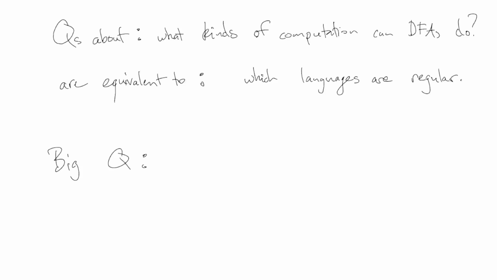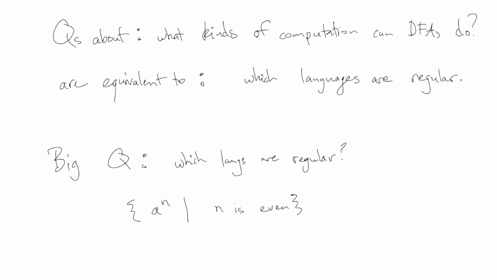But that is the same as saying, which languages are regular? Which languages are regular, right? For example, how about something like this? Here's a language. We are usually going to write languages as sets like this.